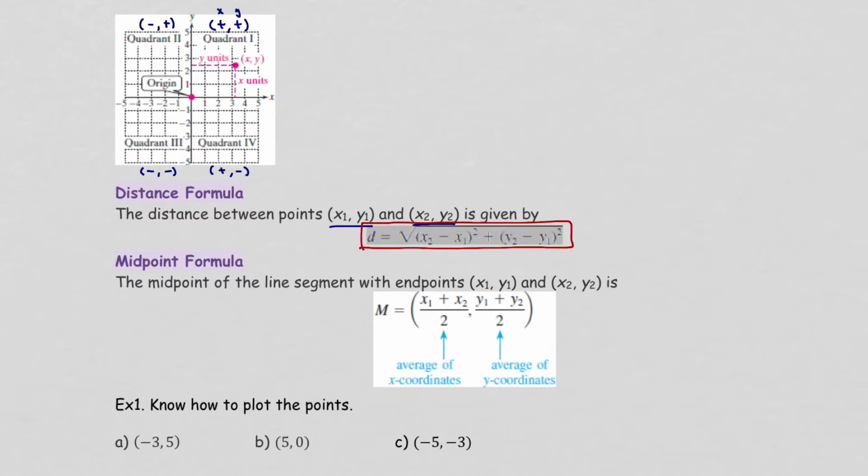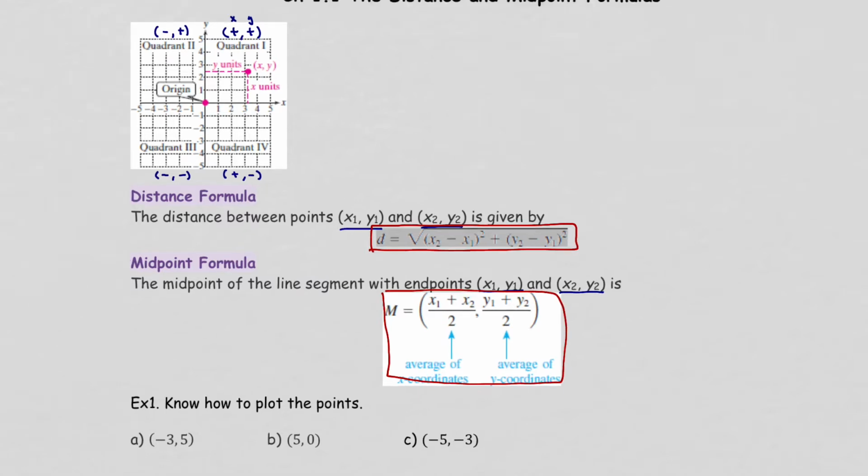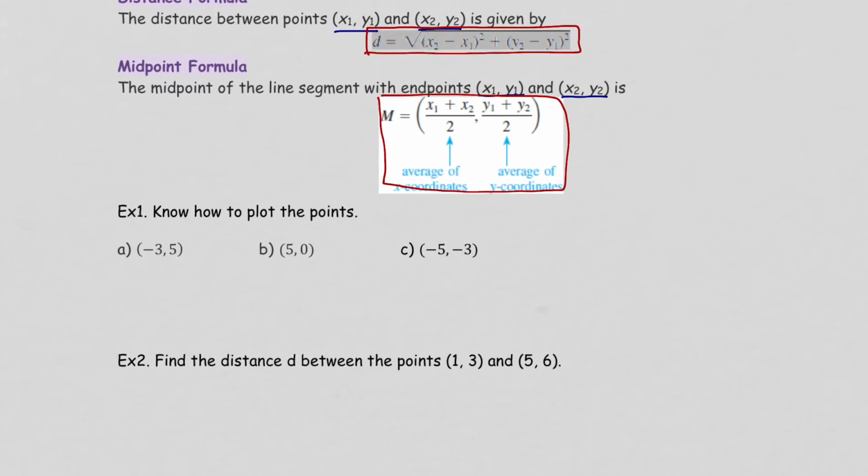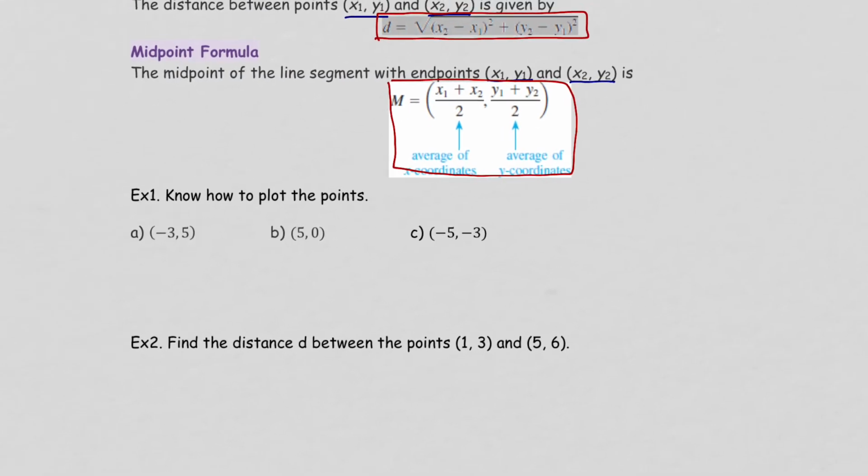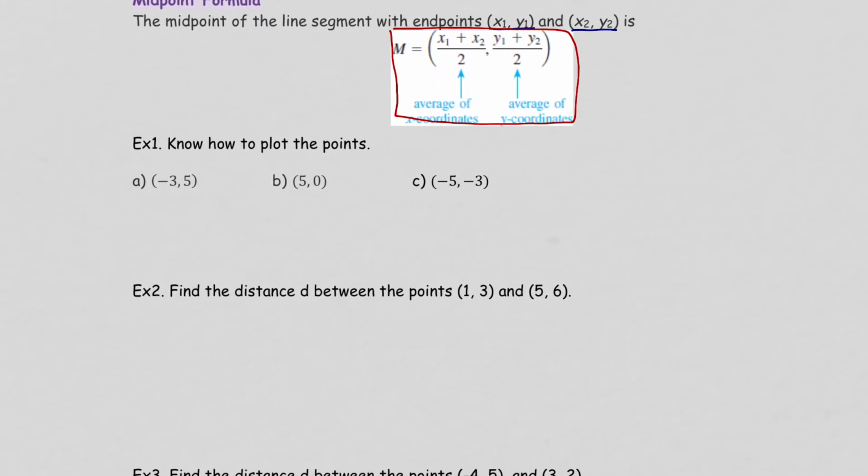And for the midpoint formula, if 2 points are given again, point 1, point 2, then you're going to use this formula to find the midpoint. So basically, you just need to remember the formulas to find the distance and midpoint.